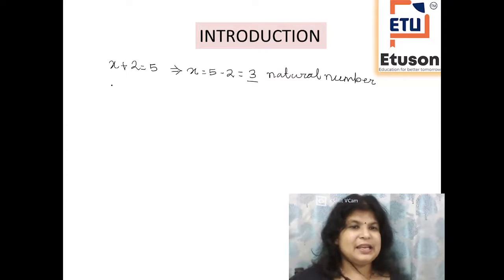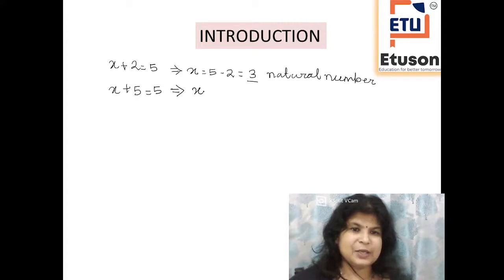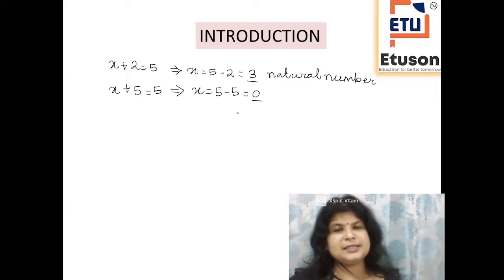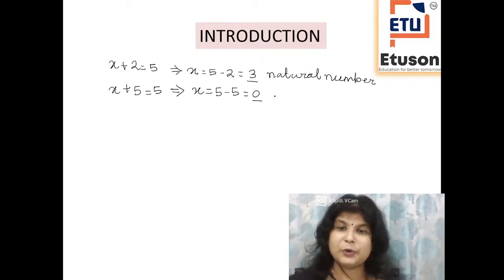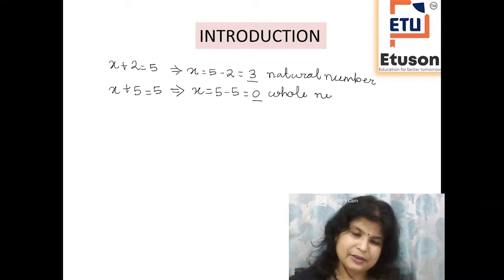Yes. Now suppose you have another kind of equation where x plus 5 is equal to 5. So in that case, x will be equal to 5 minus 5, that is 0. Now what kind of number is this 0? Is it a natural number? No, it's not a natural number. So the whole number came into the picture.